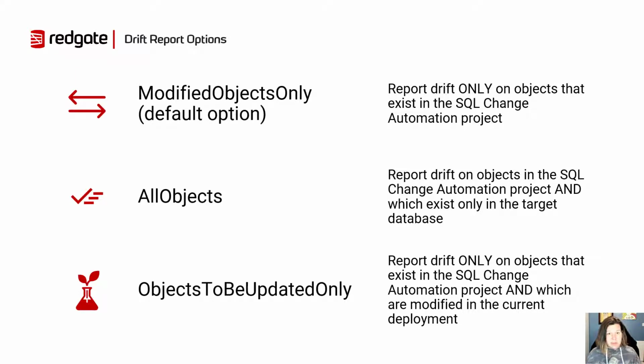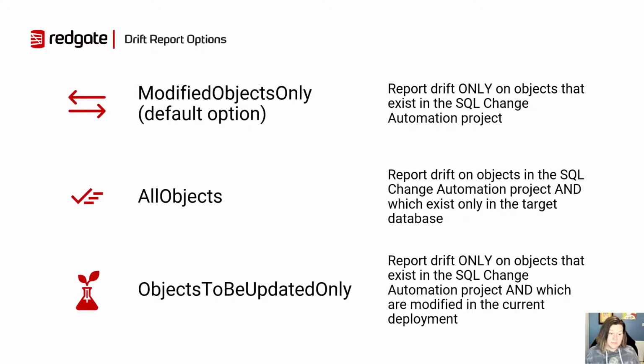And each team, when they deploy, maybe there's 10,000 objects in our project, right? There may be a bunch of other people working on a lot of those objects, but we're only changing 3 objects in our next deployment. We only want to know if drift has happened on those 3 objects. In that case, in order to give you a simpler drift report for that complex scenario, you would want the objects to be updated only on your drift report.